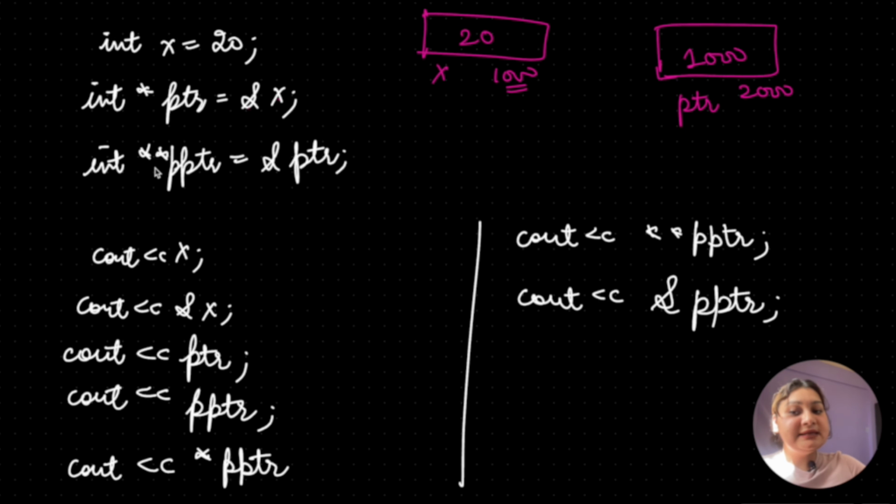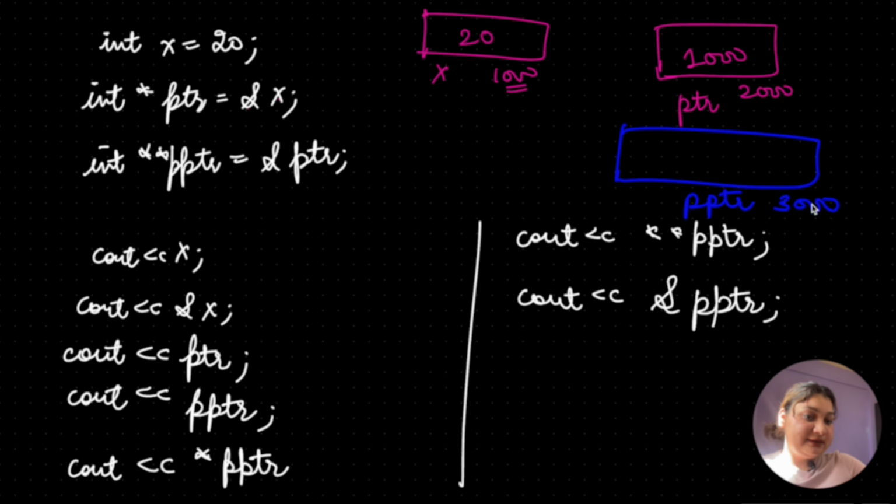Now the next thing is int **pptr. We are creating another variable called pptr. It would be stored somewhere in the memory, so it would have its own address, that is 3000. What we are putting inside it is &ptr. What is &ptr? ptr's address, that is 2000.